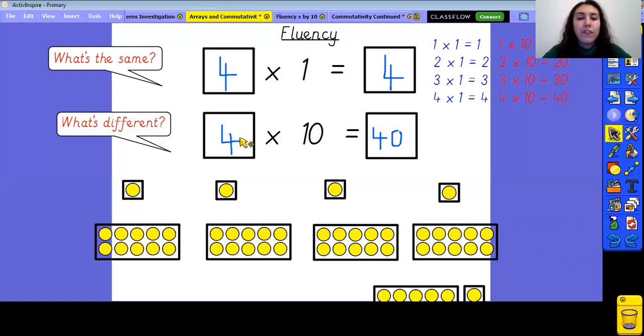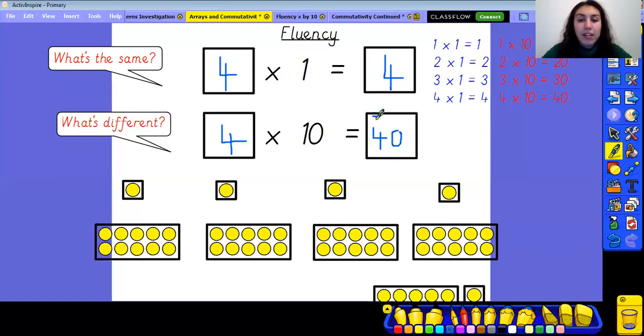So thinking back, 4 groups of 10, well, I know that I've got 4 10s. And if we think about our place value, we know that 4 10s and 0 1s would give us the number 40.